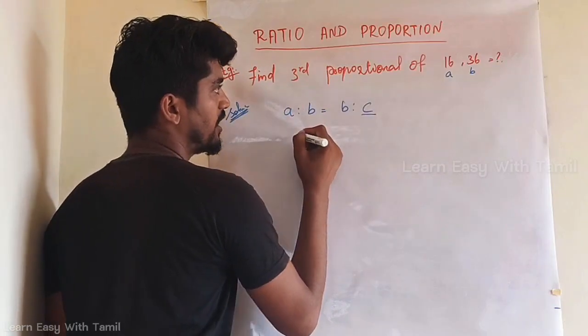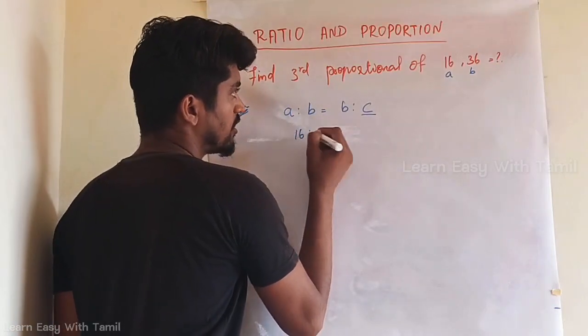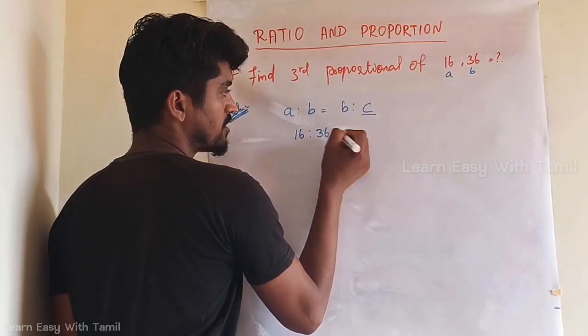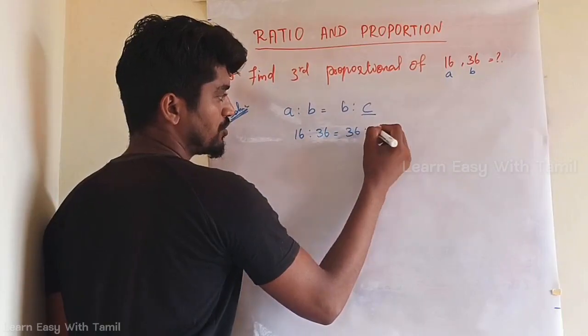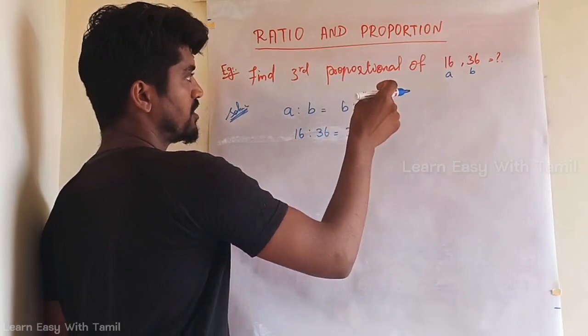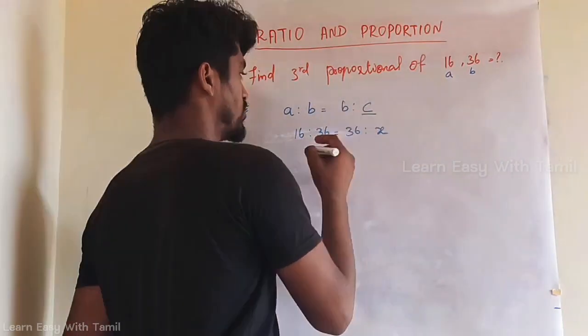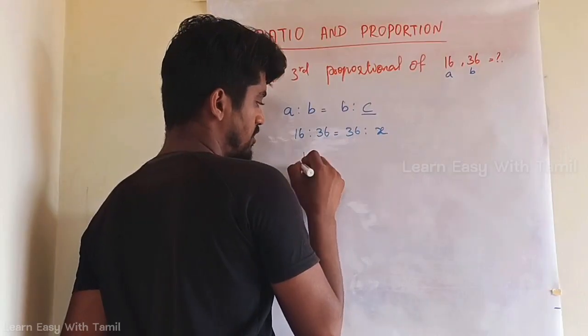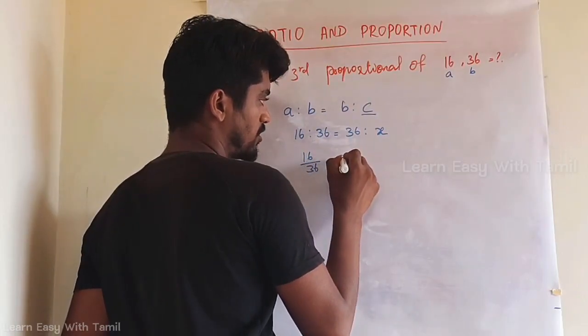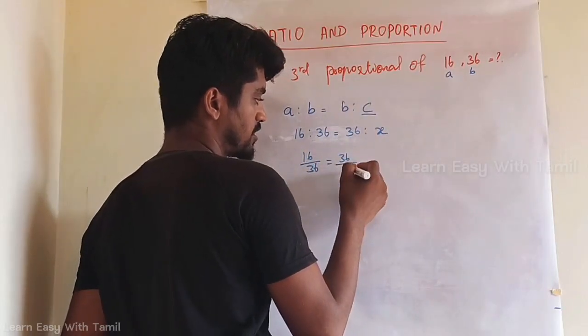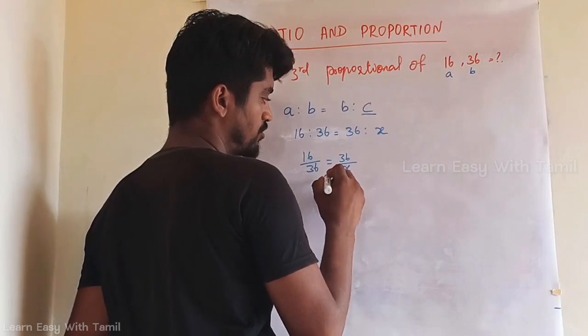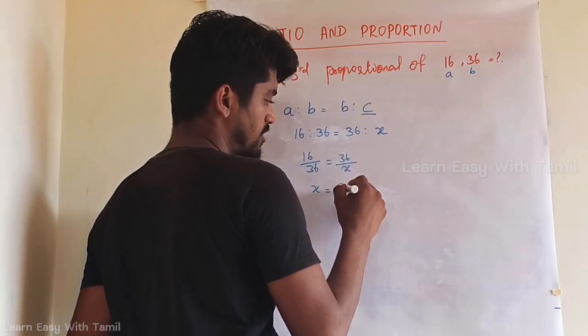So we take a is 16 is to b 36 is equal to 36 is to x. The x value is the third proportional value. So we can write 16 by 36 is equal to 36 by x. We have to find the x value. So 36 remains.